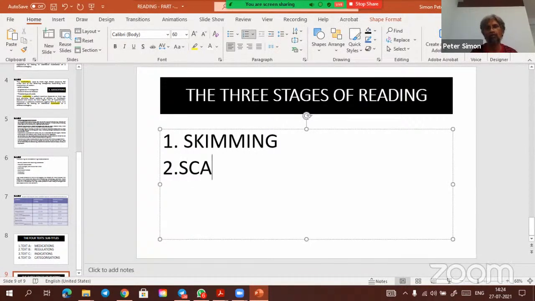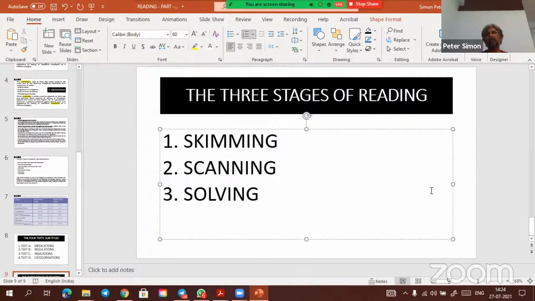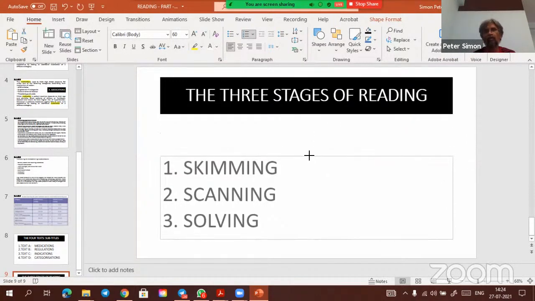Number 2, scanning. Number 3, solving. 3S technique. Okay, 3S technique.